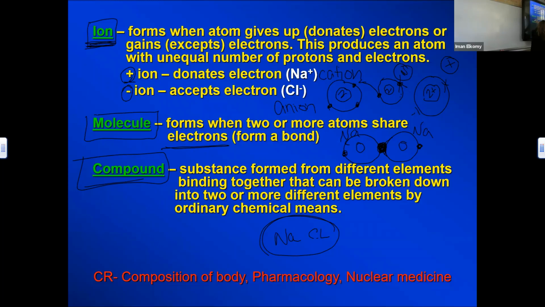Okay, so molecules are whenever they share a bond, remember it's the same thing, it's a molecule of sodium. A compound, the key word here is different. So whenever you have different elements that are binding, it becomes a compound. Okay, compounds can be broken down. So I should be able to come in here with a different reaction, split those two apart, give them a divorce, I get chloride by itself, sodium by itself again. Happens all the time.